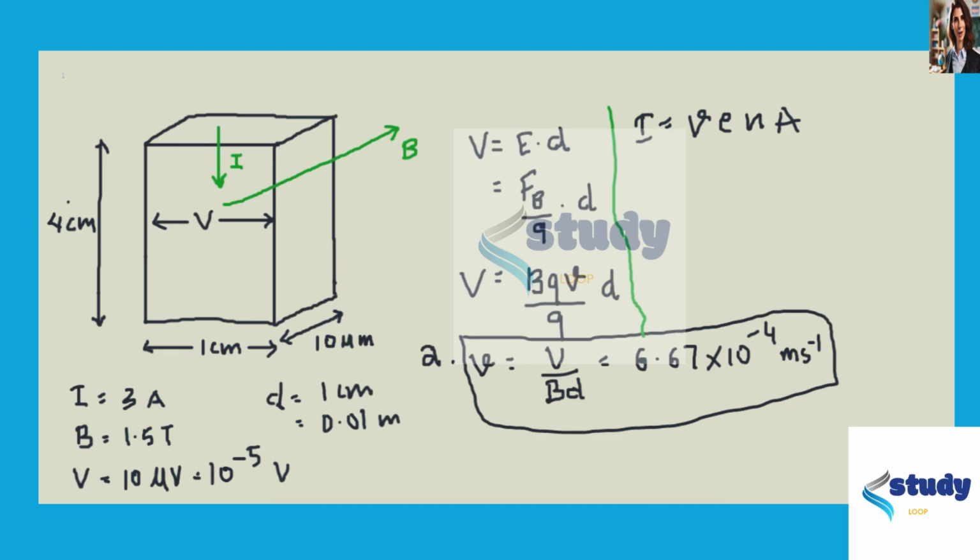So N is equal to I upon v e A. Current I is given. The drift velocity we calculated in part A. We know the charge of an electron, 1.6 into 10 to the power minus 19.